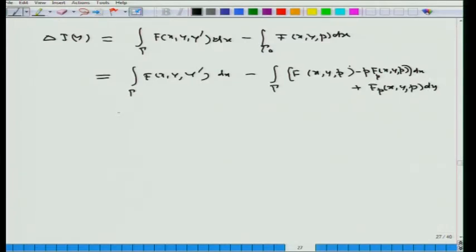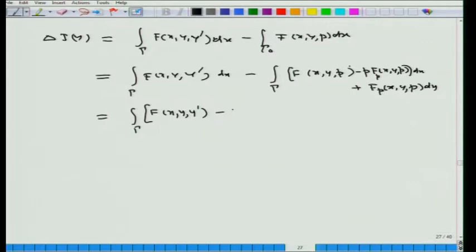And so, this we would write as the integral of f(x, y, y') dx, taking dx out, and on gamma here dy by dx is y prime.